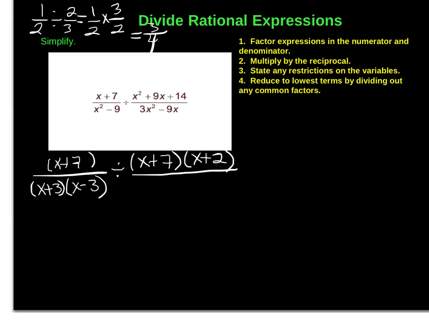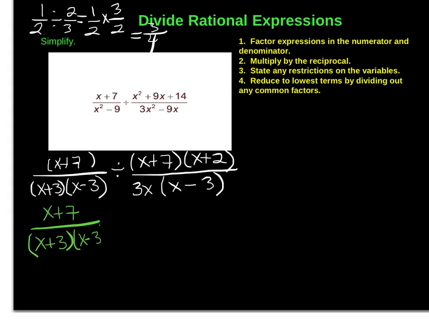Factor the denominator there: you can take out a 3x first, and then you end up with an x minus 3. Okay, so this is where we're going to do our flip. We're going to multiply by the reciprocal. So we've got x plus 7, x plus 3, x minus 3.